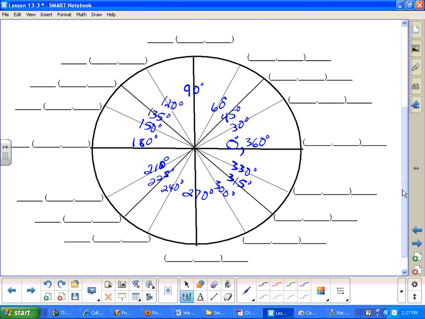So where we have 360, that's also 2 pi when we're talking about radians. So then halfway around the circle would be 1 pi, or just pi.